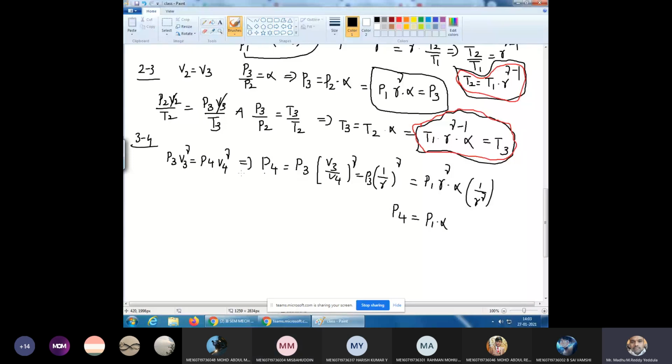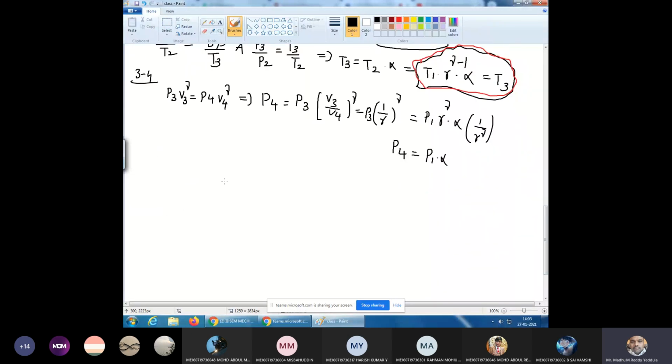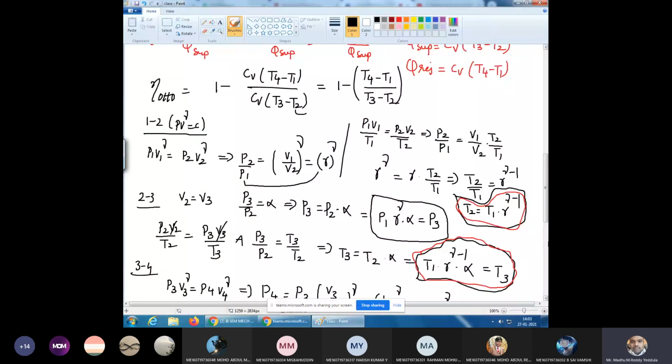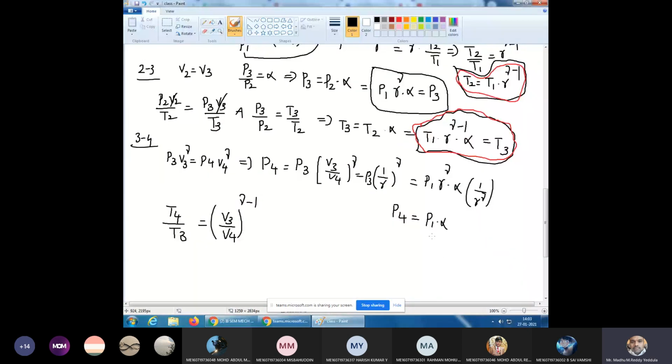And from 3 to 4, for an isentropic process, T4 by T3 is equal to V3 by V4 whole power gamma minus 1. V3 by V4 is 1 by r, so that is equal to 1 by r power gamma minus 1.